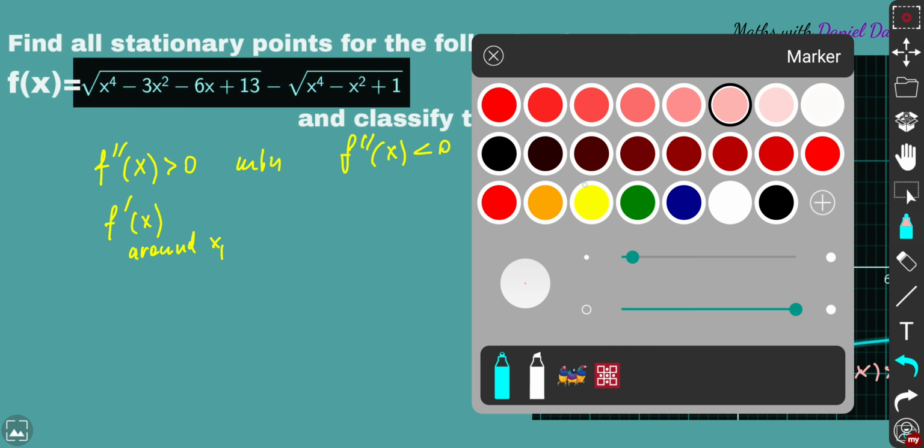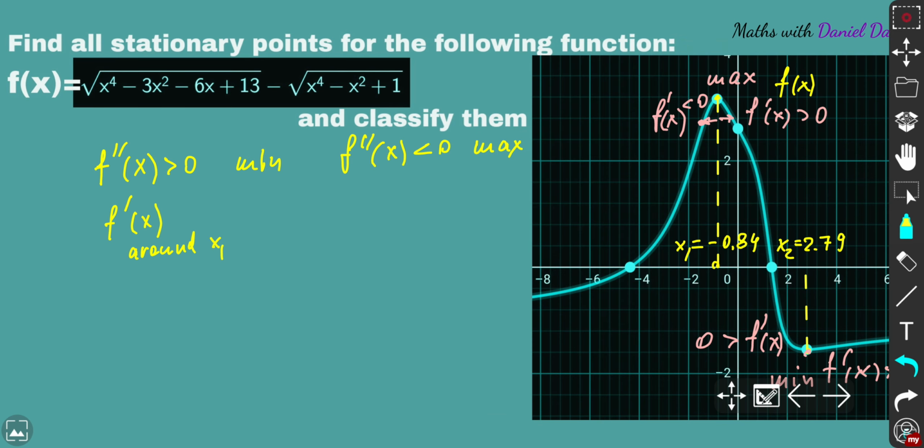Instead of calculating the derivative f prime, you can also just calculate the function value around. I'll show you just for, let's say, the first value x1. So you have x, you have f(x), and you have the maximum point for x, negative 0.84.